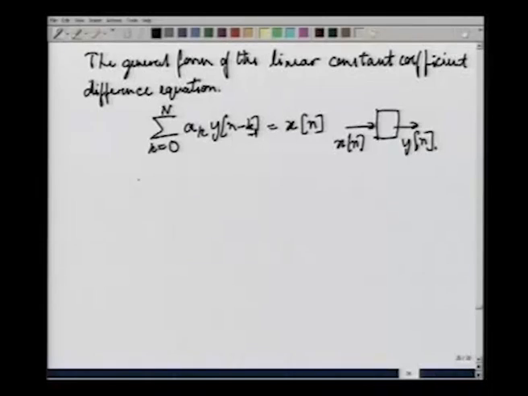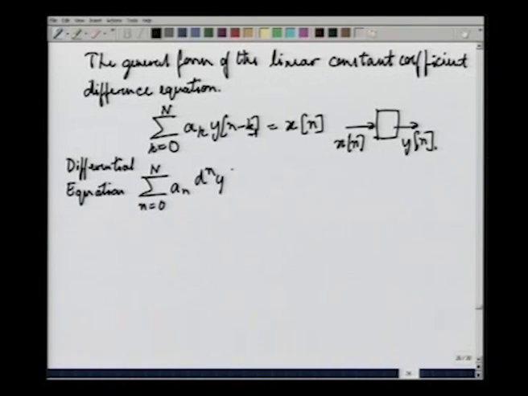The differential equation we had was the following. The linear constant coefficient differential equation was the sum from n equals 0 to n of a n d n y t by d t to the n equal to x t.